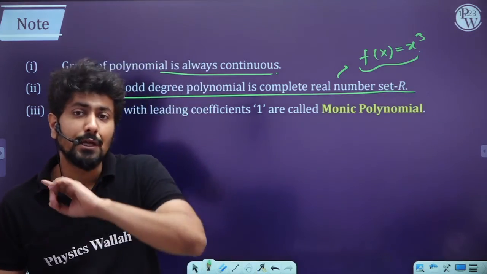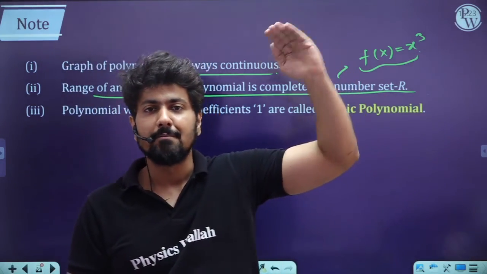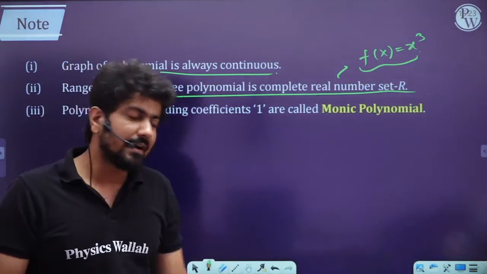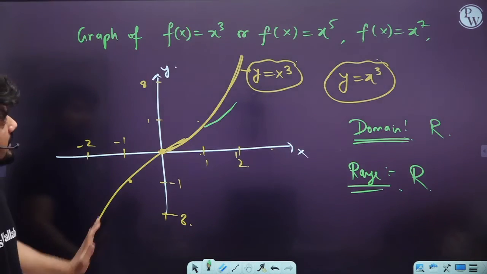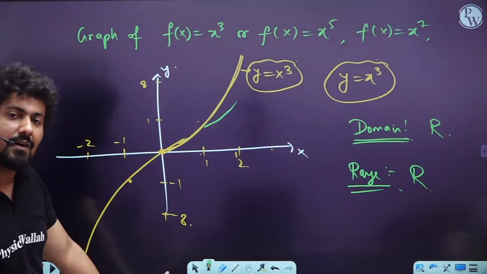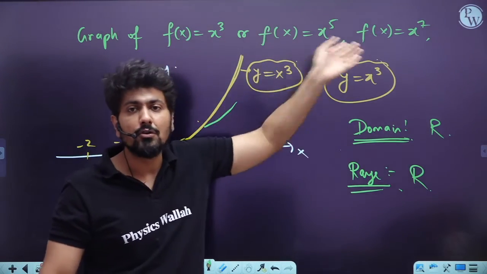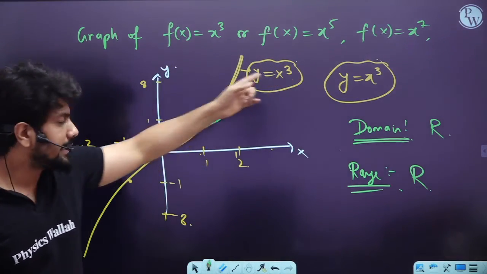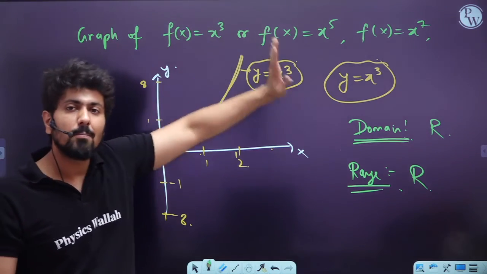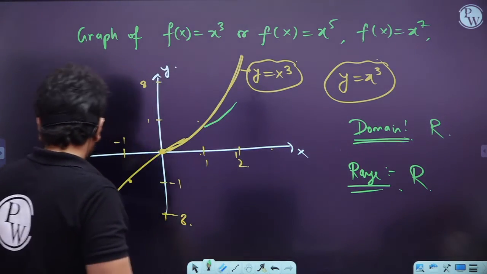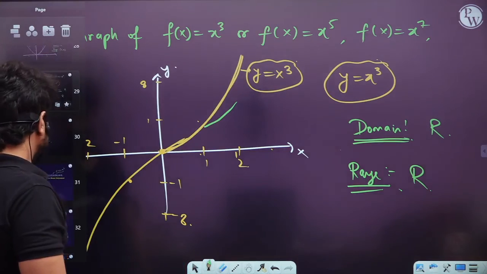Their range will be all real numbers. Basically, it covers the entire y-axis, as you can see over here. So all the odd degree polynomials, their range will be from -infinity to infinity, which is very important to remember.